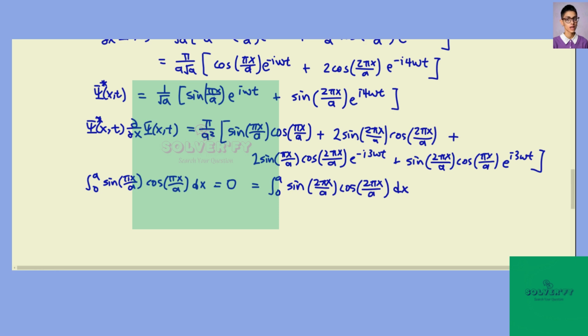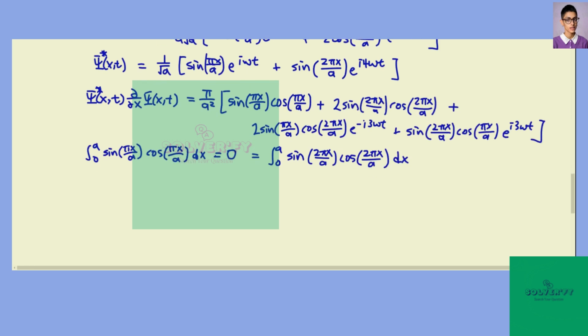So basically this is equal to 0 after integration. Okay, after integration, not when you multiply the two functions, but when you integrate.